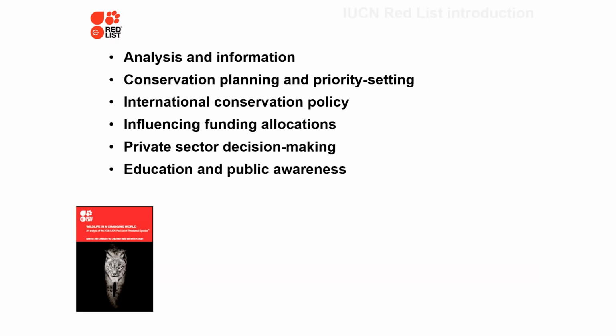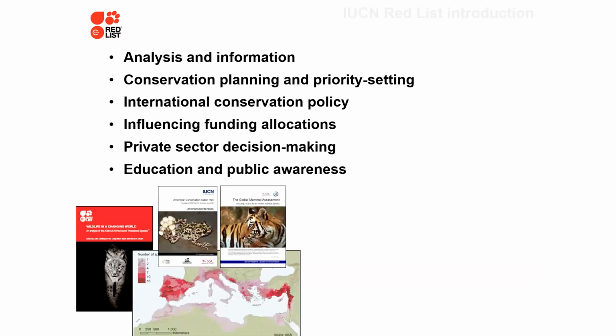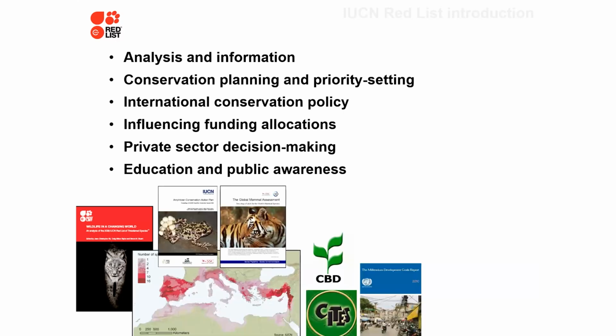The Red List is also used in conservation action plans to determine which conservation measures are most critical to protect species. The Red List has also been adopted by several international conservation policies and agreements as an indicator of the status of biodiversity. For example, the Red List data can be used to measure progress towards many of the CBD targets.